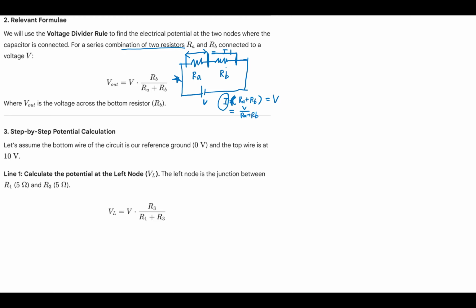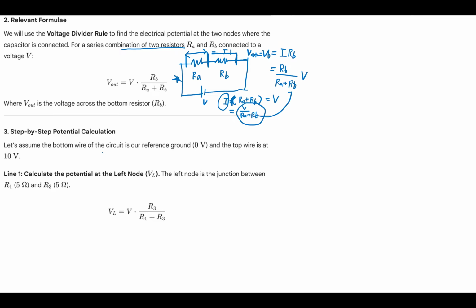At the RB, this is the output. And then Vout, let's say this is VB, is I times RB. Then it is RB over RA plus RB times V. Okay, just plug in I.